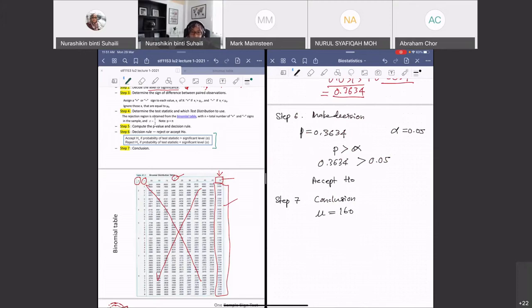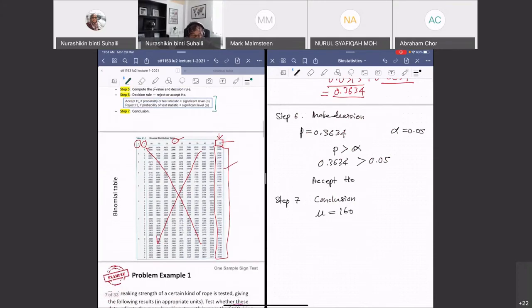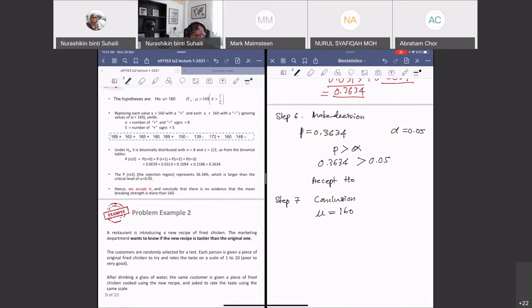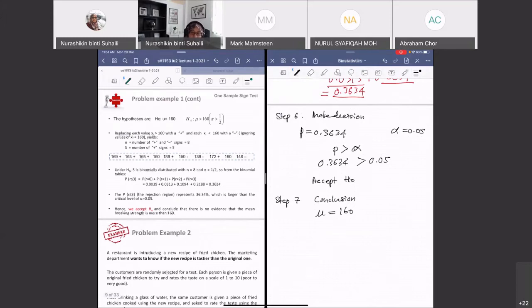I mean, this is the simplest way, but you can mention it in words, right? You can say here, we accept null and conclude that there is no evidence that the mean breaking strength is more than 160, which is actually the same as when we say that the mu is 160.